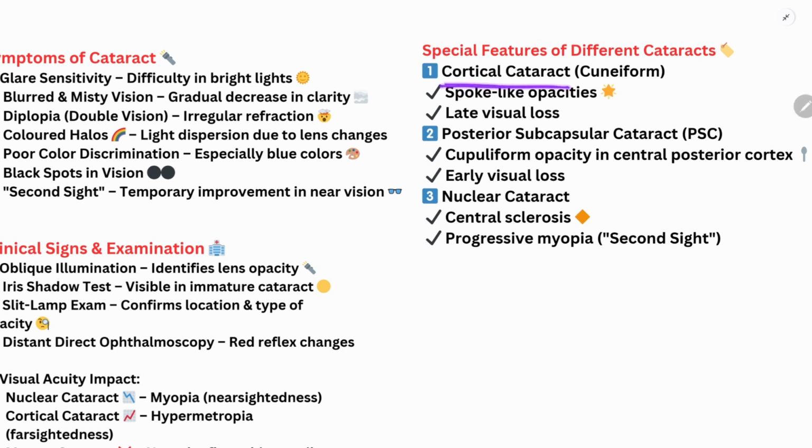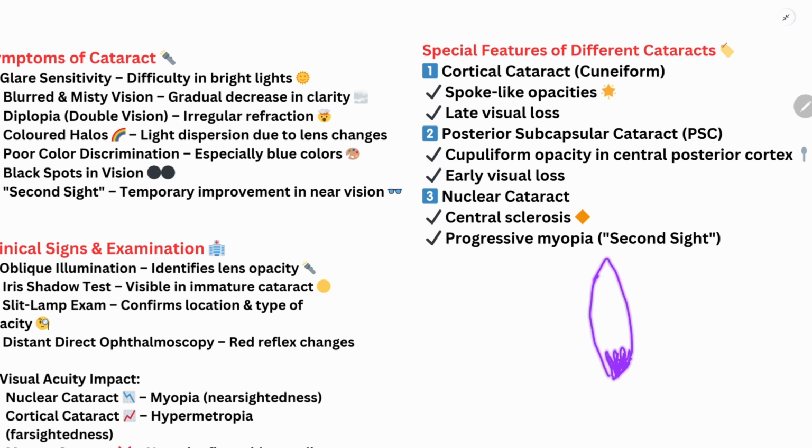Here in cortical cataract, for example, you will see spoke like opacities, which are star shaped. Posterior subcapsular cataract has two forms. First one is wedge shaped, second one is central bow shaped opacity. If this is the lens, you will see opacities here.